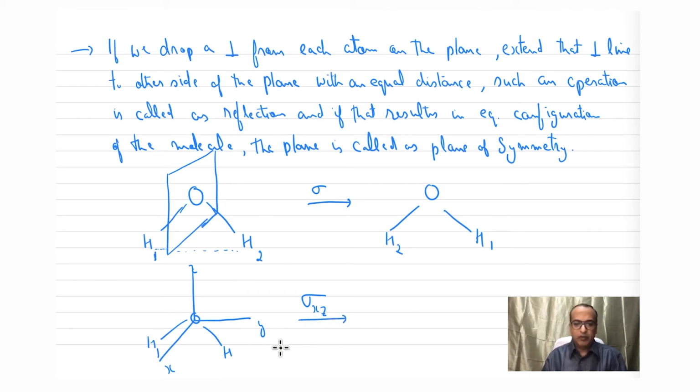Now if we put again 1 and 2, what do we get here? X, Y, Z, oxygen, hydrogen, hydrogen, 2, 1. So H2, which was earlier lying on the positive side of the YZ plane, now goes to the negative side of the YZ plane, and similarly H1 comes back to the positive side. This is how a plane or the reflection works.